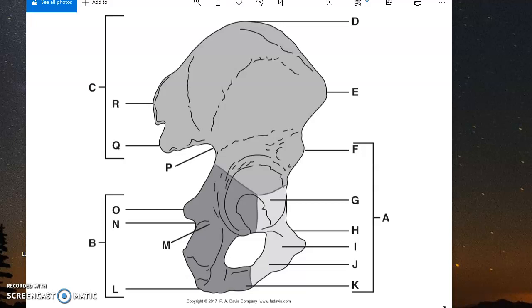The function of that ligament is it reinforces the anterior hip joint. The interosseous sacroiliac is the strongest of the sacroiliac ligaments, and it also reinforces the anterior hip joint.